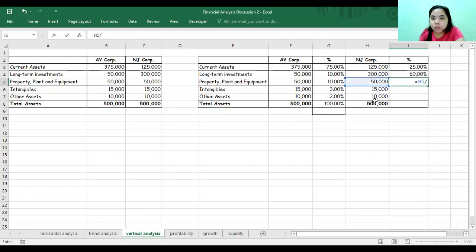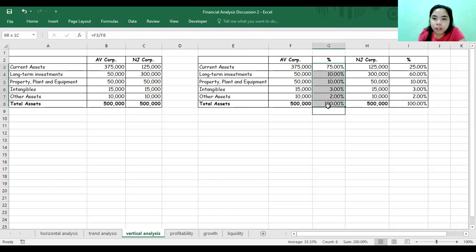And here, of course, this is 100%. So for NJ Corporation, its current assets represent 25%. Long-term investment is 60%. PPE is 10%. Intangibles is 3%. And other assets is 2%.